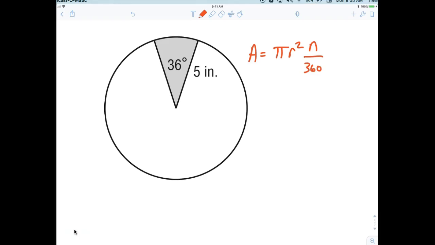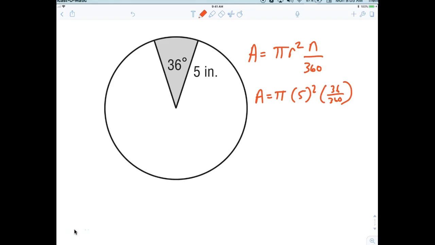That's the general formula for area of a sector. So all we're doing is we're saying A equals pi times 5 squared times 36 out of 360.